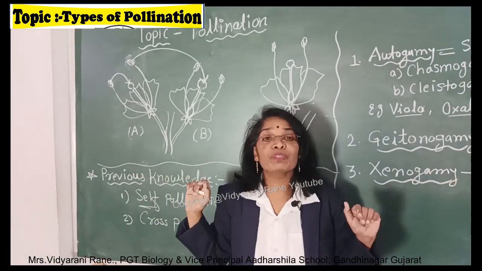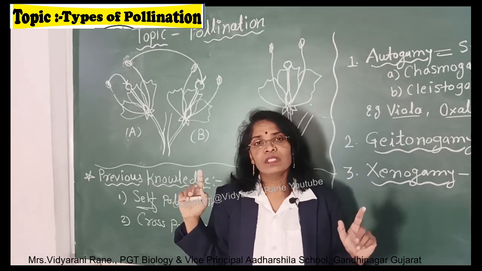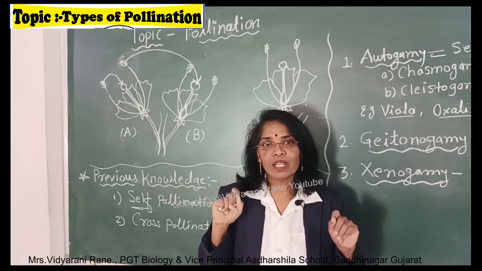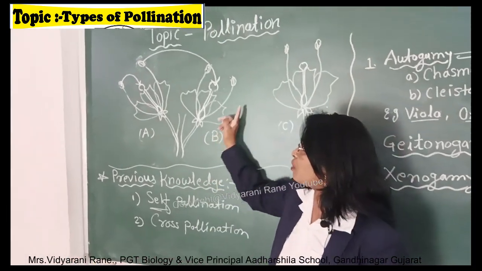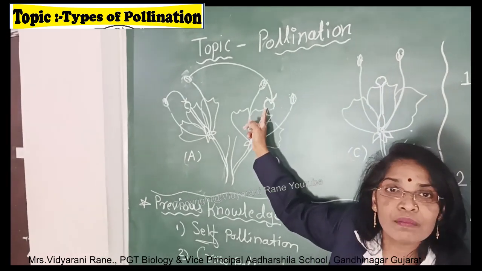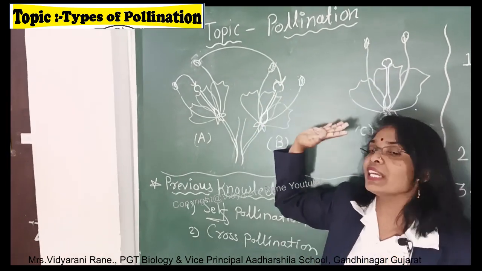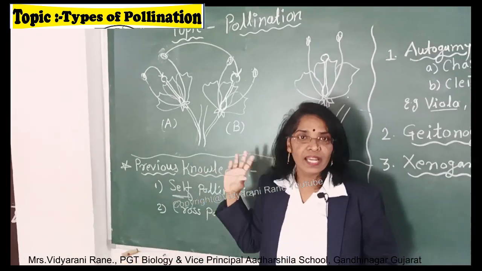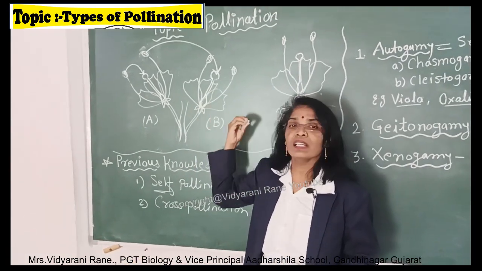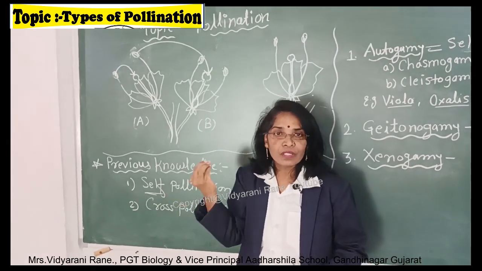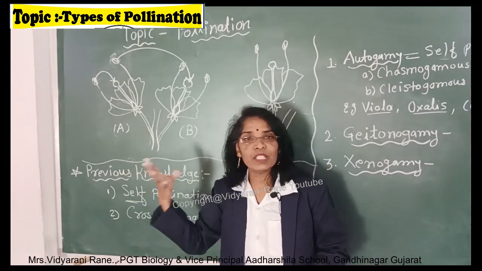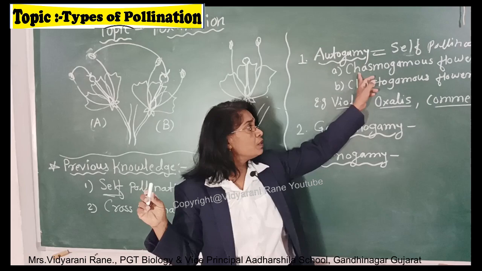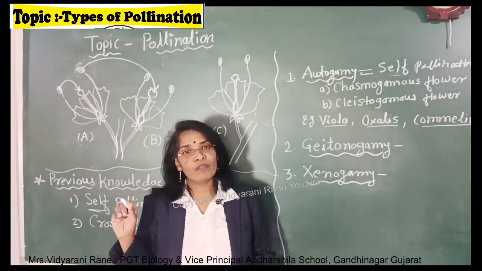The normal flowers we see everywhere around us will be chasmogamous flowers. What are the characteristics of these flowers? In these flowers the pollen grains and stigma are well exposed to the atmosphere, right? So in short these are open flowers. The flower which gets opened and whose anther lobes and stigmas are exposed is included in the chasmogamous flowers.